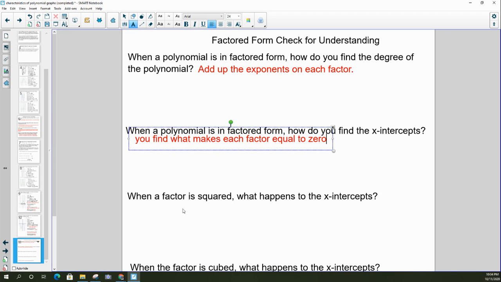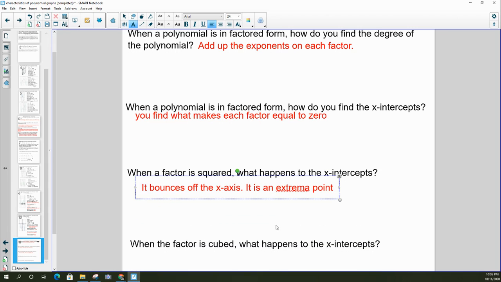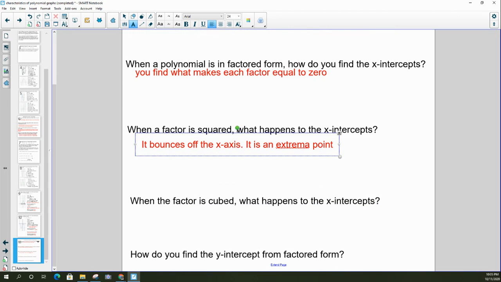When a factor is squared, okay, what happens at the x-intercept? Okay, it bounces off the x-axis. Right? It's an extrema point. They're a relative min or a relative max. When the factor is cubed, what happens at the x-intercepts? Right?